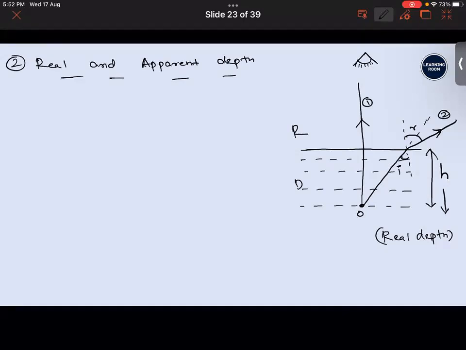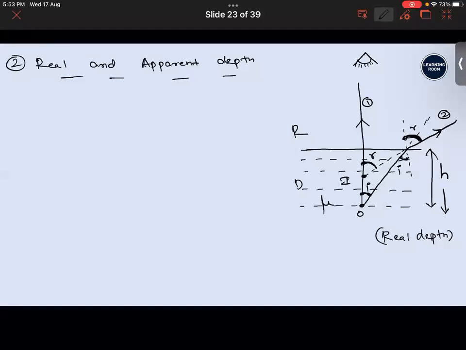If that is the case, then we need to extend the second refracted ray in the backward direction for us to get the virtual location of it. So if I take this point to be I, so if this angle is R, then this angle will also be R. So if this angle is I, then this angle will also be I. Because R and R are corresponding angles, I and I are alternate interior angles.